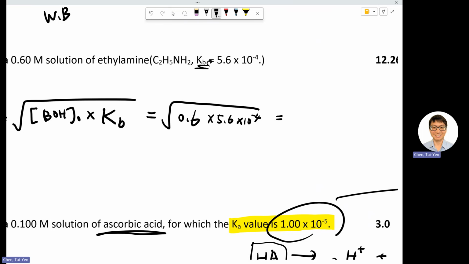Anyone have a calculator I can borrow so we can calculate the number? I feel it's not... 5 point something, right? 5.79.